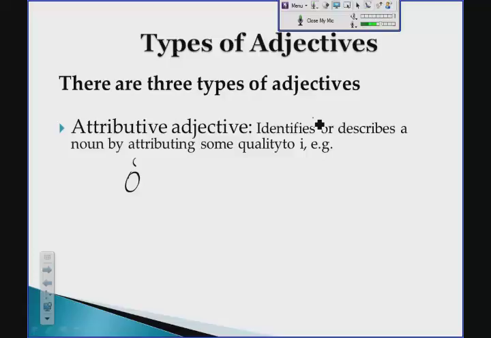Adelphos, or let's use logos. Ho logos, ho kalos logos. This is the way how you should write an attributive adjective.